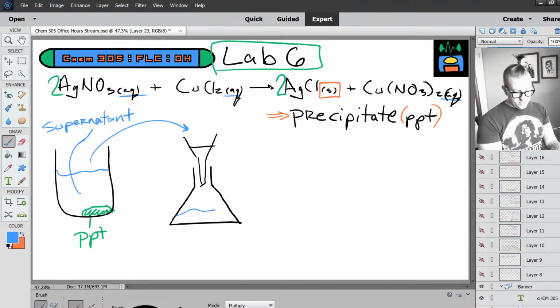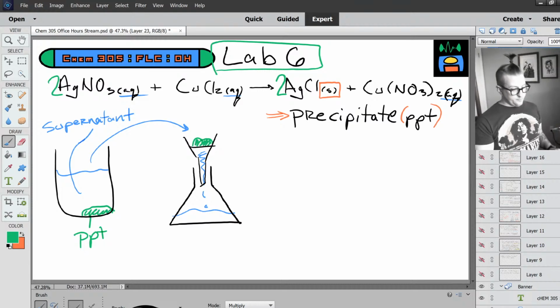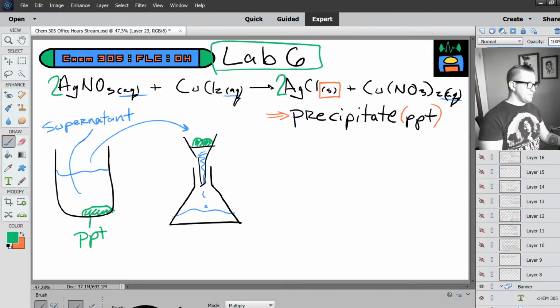Now the solution drips down and through, but then you've got your solid stuff built up here on top.